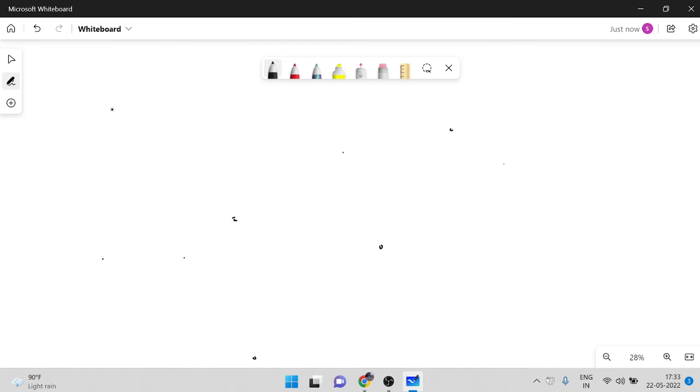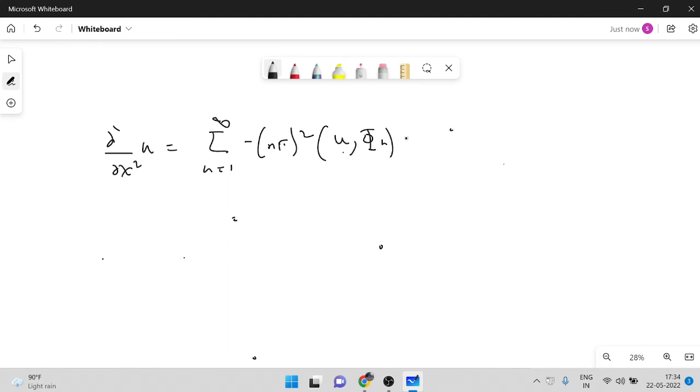Okay, if you don't appreciate it, it's fine. So basically dou square u by dou x square is equal to the sum of minus n pi whole square times the inner product of u and phi n, times phi n, where phi n is basically sin n pi x.